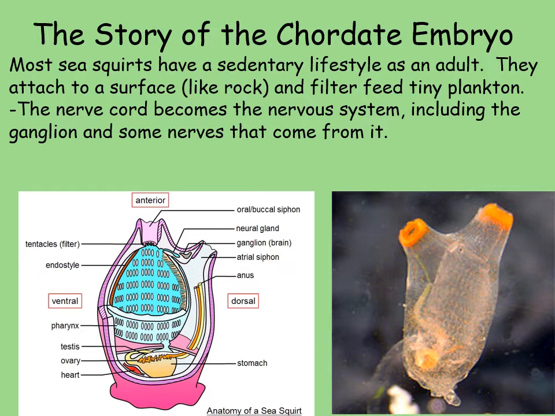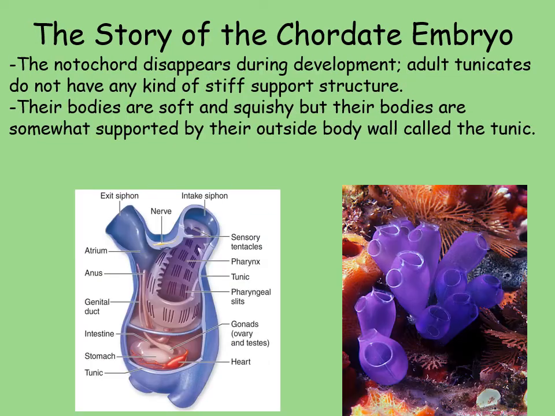It's not super large, but if you look in this dissected view of a tunicate, this would be their nervous system. They do have a brain, okay? It develops into the ganglion, which is their brain, and then a few nerves that come from the brain.